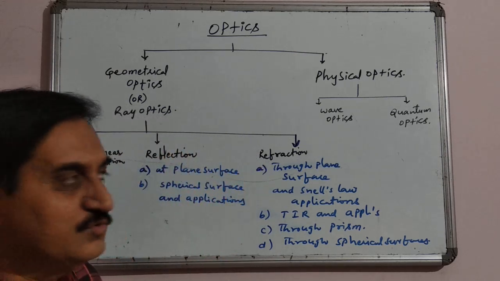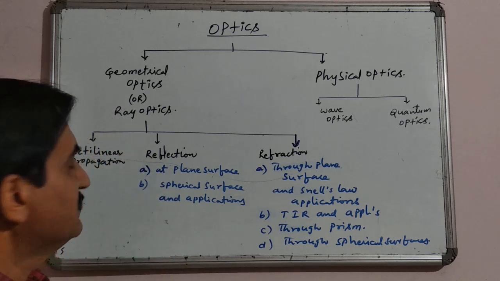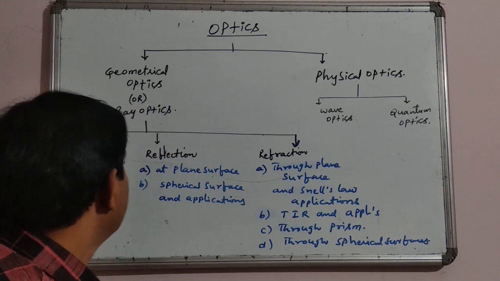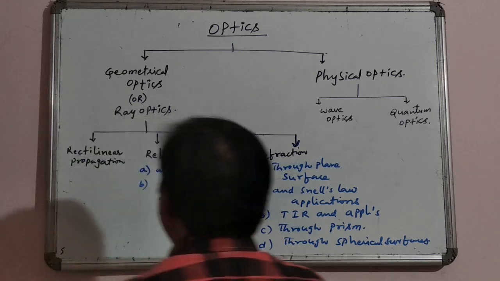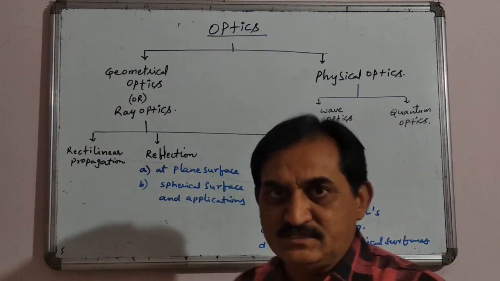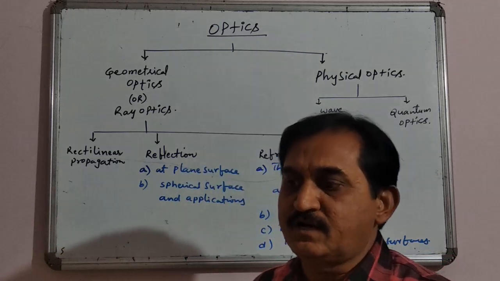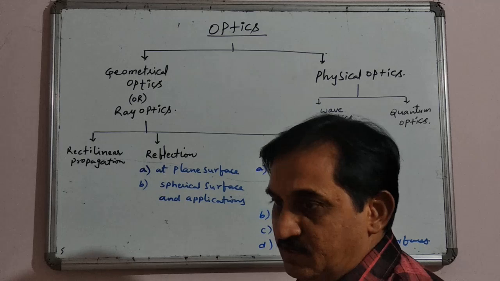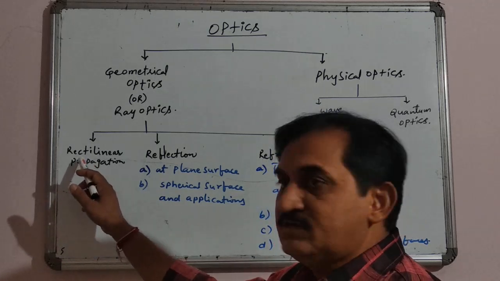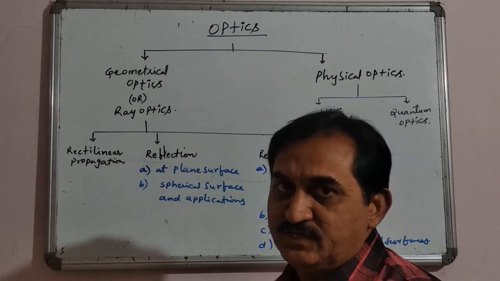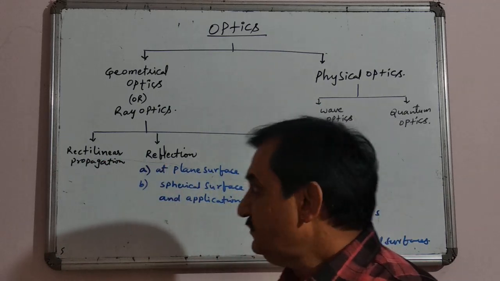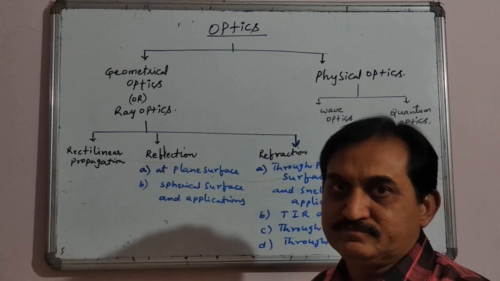Now let us move on to the first part, geometrical optics, which is also known as ray optics. Basically, in ray optics we mainly focus on the rectilinear propagation of light, the reflection phenomenon and refraction.